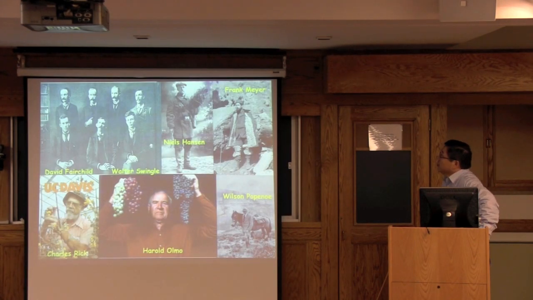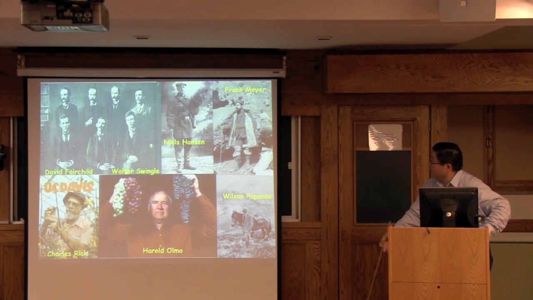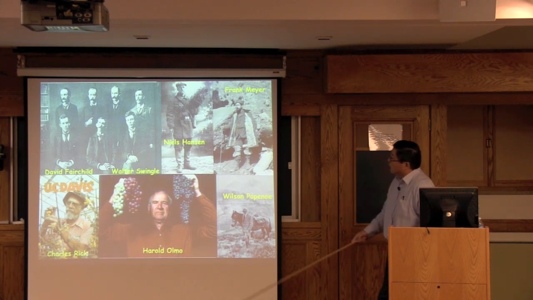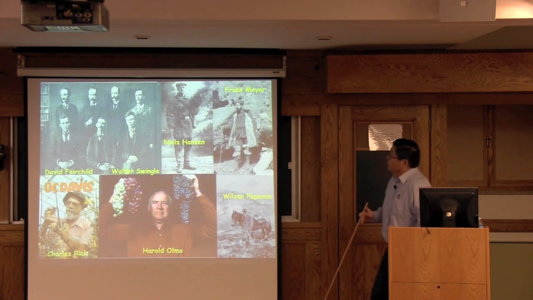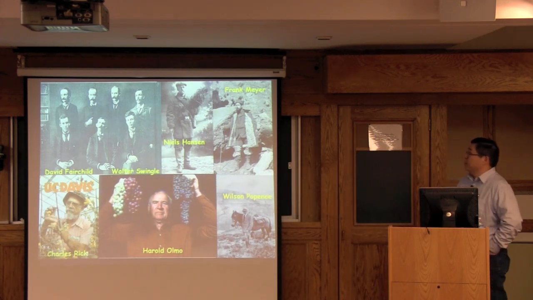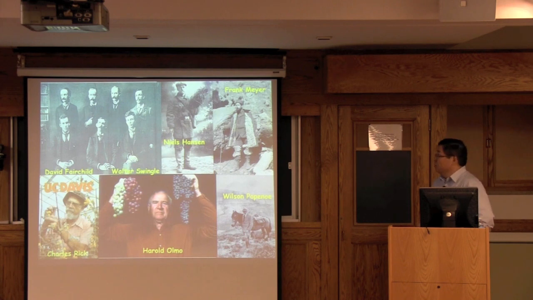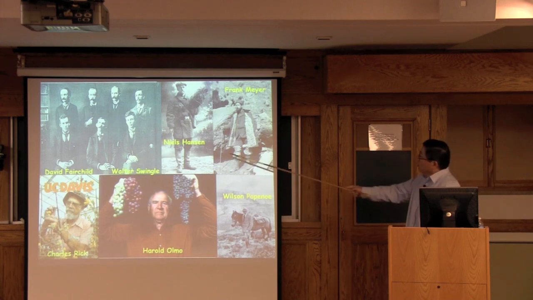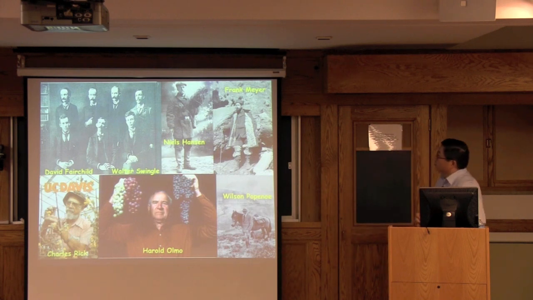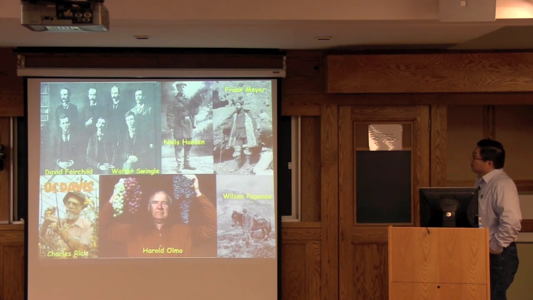Here are some of the pioneers involved with plant introduction. The first two persons on the top are David Fairchild and Walter Swingle. They are the two gentlemen, in their 20s, who established the Section of Plant Introduction in 1898. Niels Hansen is the first plant explorer. He introduced the first PI back into the US.